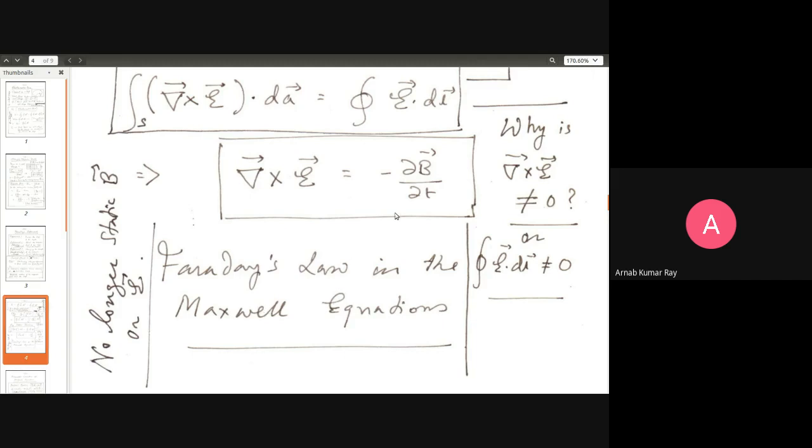But what happens if the charge is now moving? A moving charge will produce a current. Fine, that is also okay. But if the current is steady, then the magnetic field will be fixed. What do I mean by steady current? There's a current passing through a wire, you have set up an observation post at some point in the wire, and at different points of time you take your stopwatch.